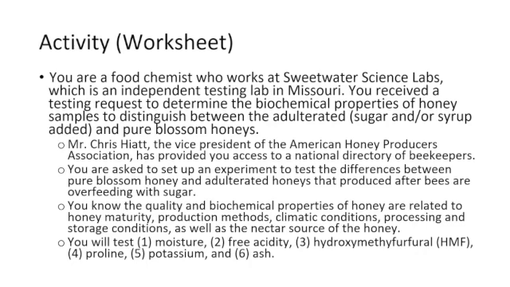As a food chemist, you know the quality and the biochemical properties of honey are related to honey maturity, production methods, climate conditions, processing, and storage conditions, as well as the nectar source of the honey. You decide to test the following 6 biochemical properties of the honey samples to distinguish between the adulterated and pure blossom honey.